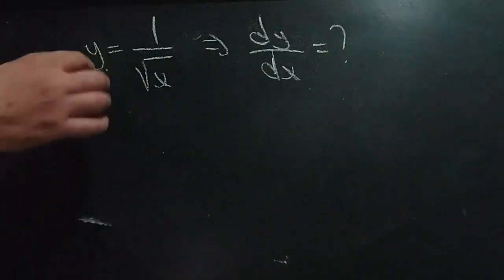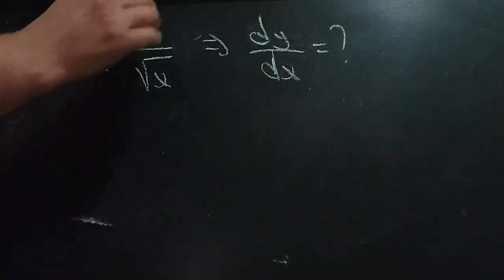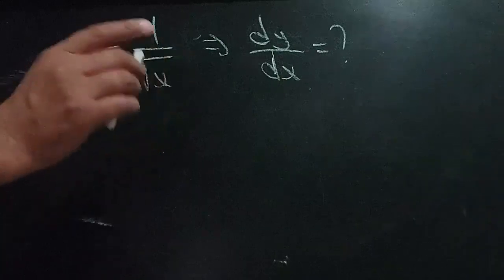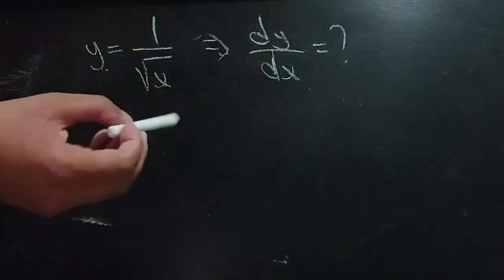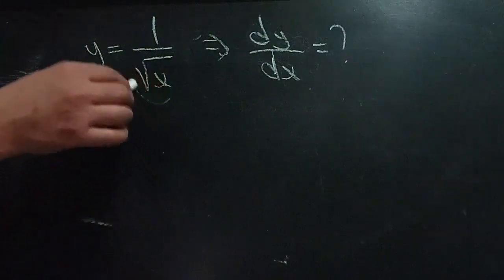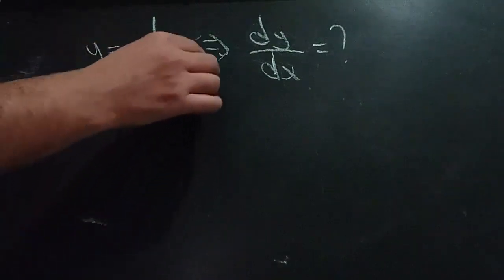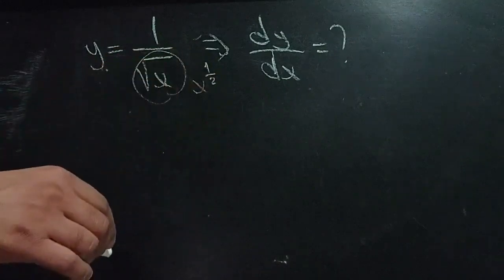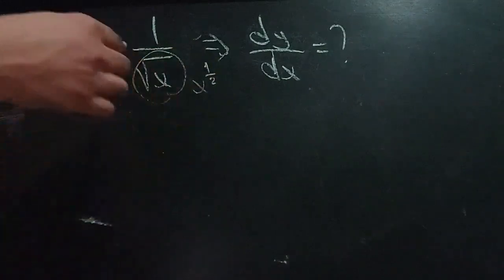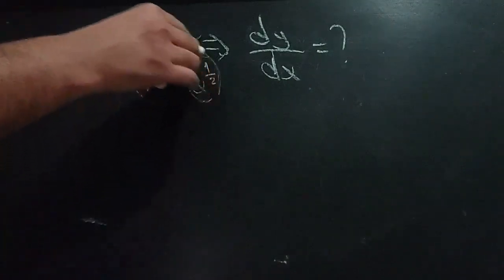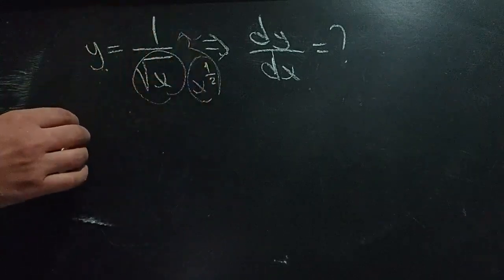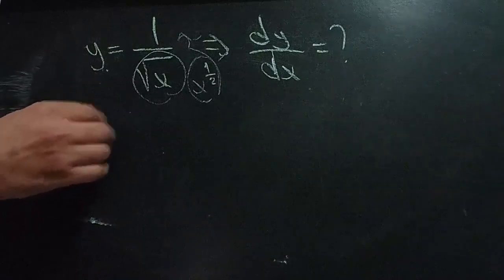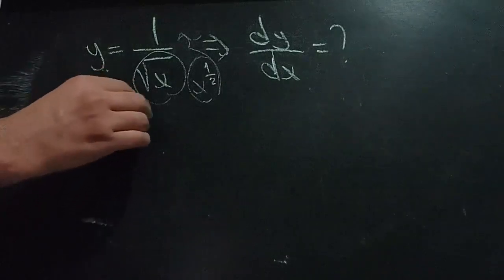Alright, now y equals 1 over square root x. Find the derivative of y. This one, written as an exponent, is x to the power 1 over 2. Remember, I told you in the previous question, you bring this one to the top, and while you bring it up, you change the sign of the power. That will be y equals x to the power negative 1 over 2.